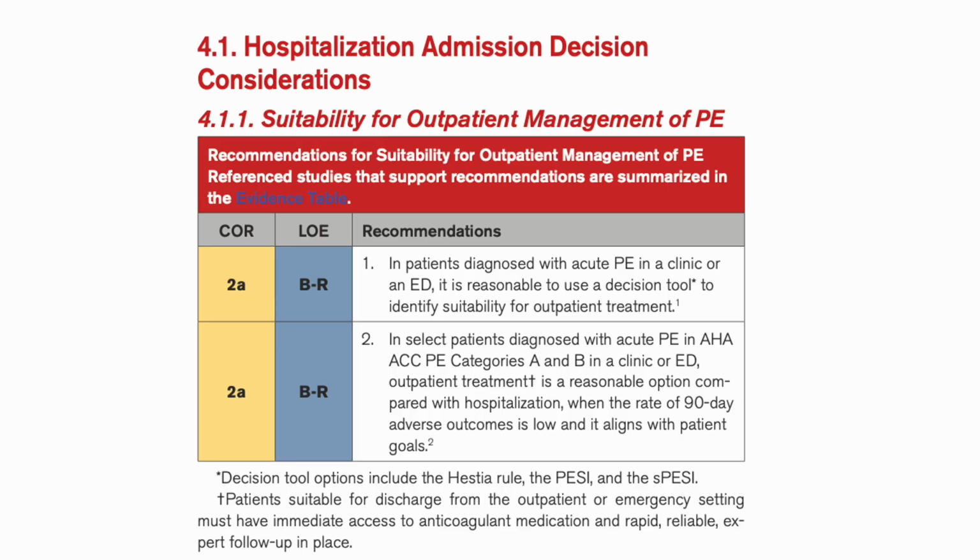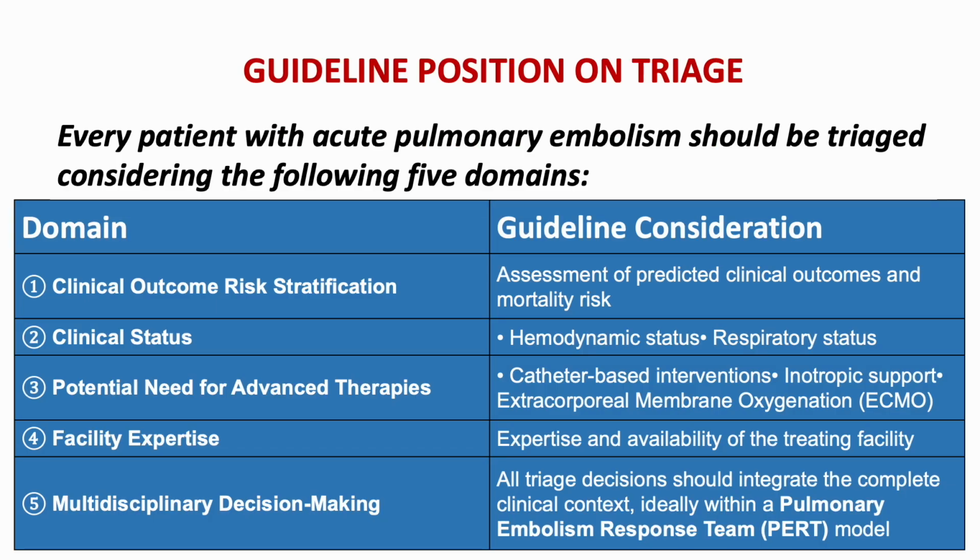There's been very few and probably only one RCT which has compared the different decision tools to determine which one is better for outpatient treatment of PE. So they have seen that physician determination and a shared decision making with the patient will always override the decision tool results. So that is something one has to be very, very mindful for.